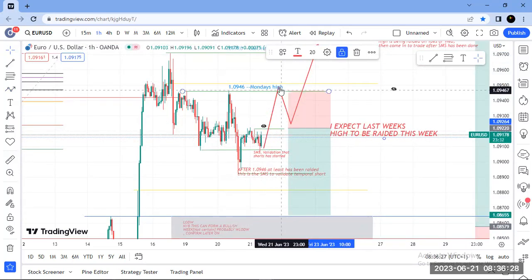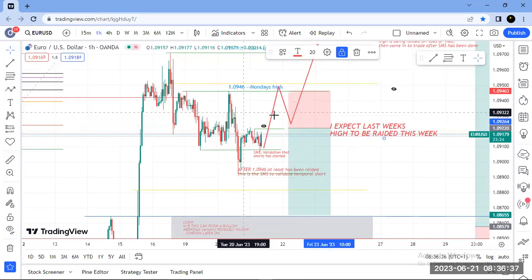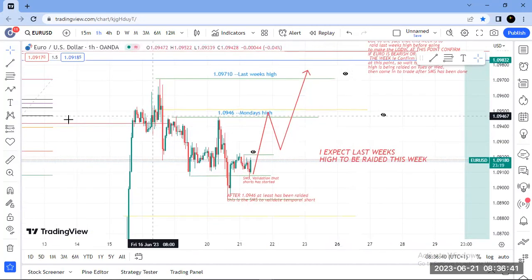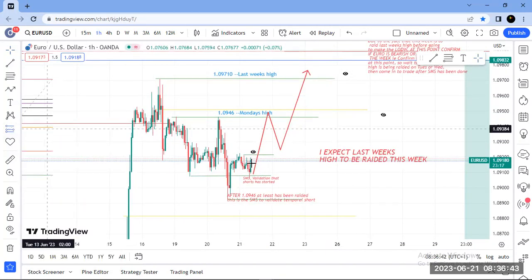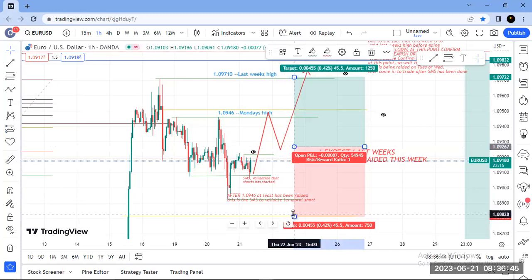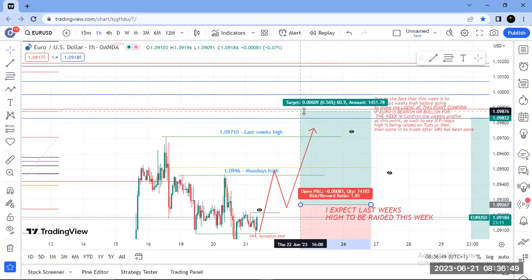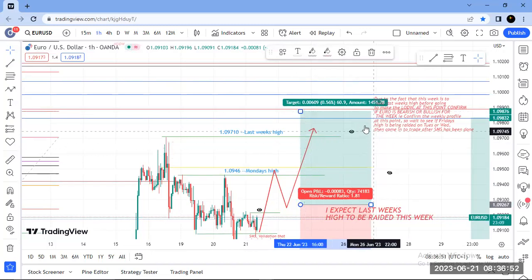If this comes out for the high, which I don't see this being able to happen, but if you see this, then you buy here, and you take profits at that point.